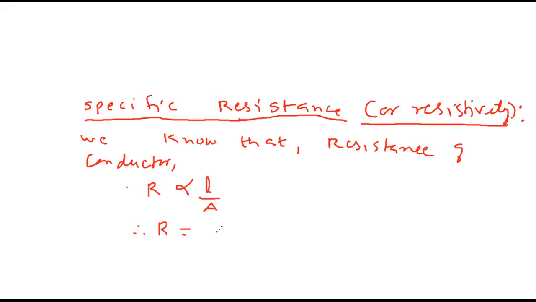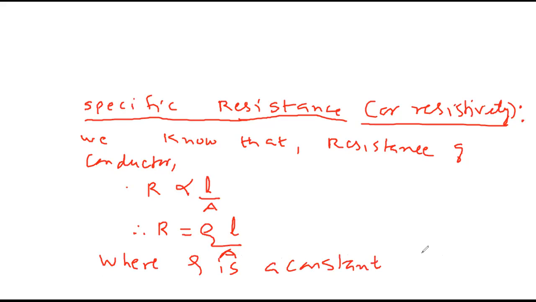So we can say R is some constant into L upon A. This constant is denoted by rho and is called specific resistance.